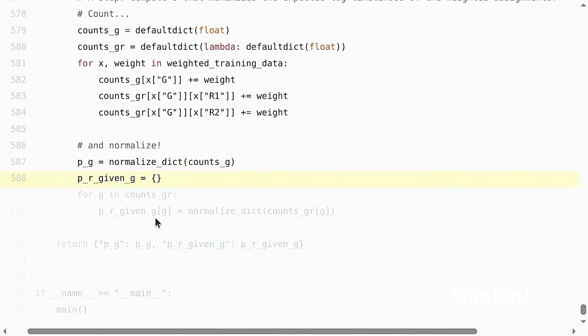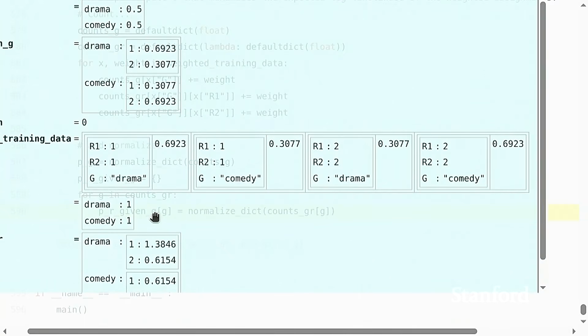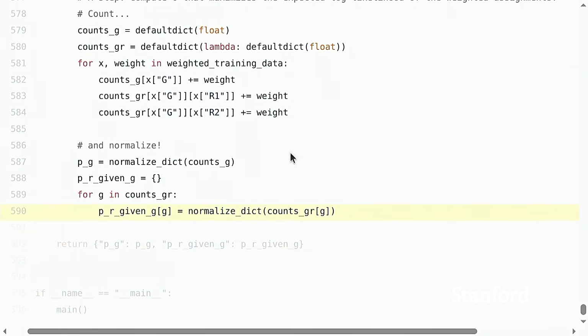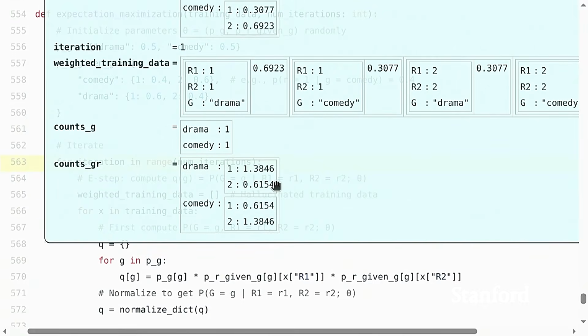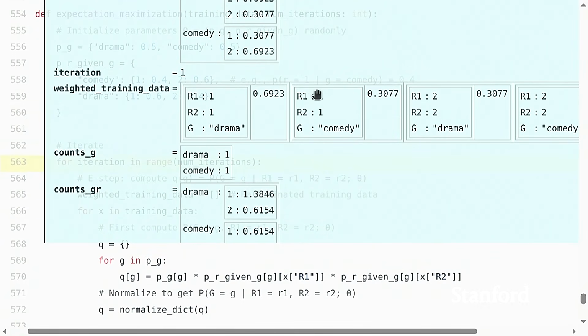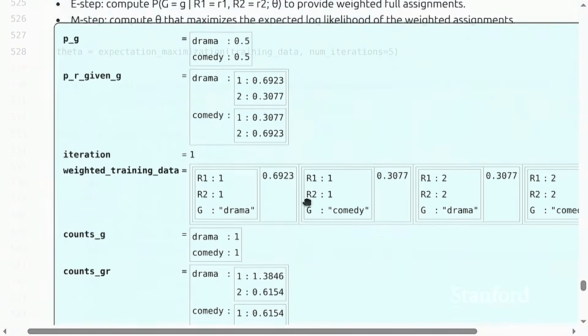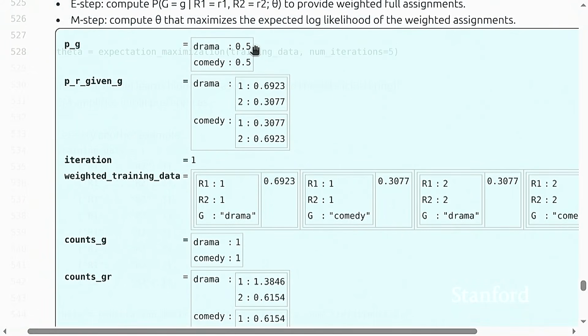Okay, and then I normalize. Okay, so I normalize, and now I have an updated set of probabilities. Instead of 0.6 and 0.4, I have now 0.69 and 0.3.